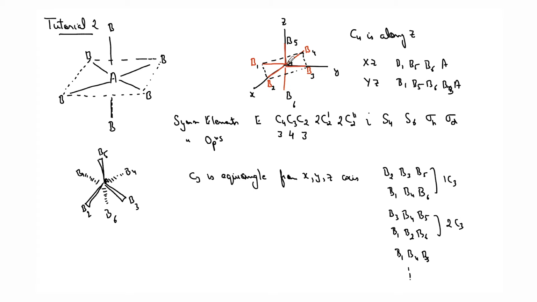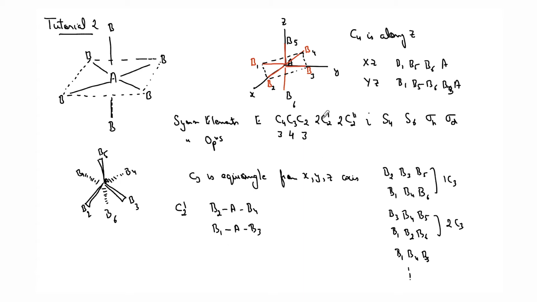Okay, about C2 primes. So C2 prime will be along X axis and along Y axis if we are considering the flipping of B5 and B6. Okay. So you can say that one of the C2 primes is along B2, B4. The second is B1, B3. Then there would also be another one which is along.